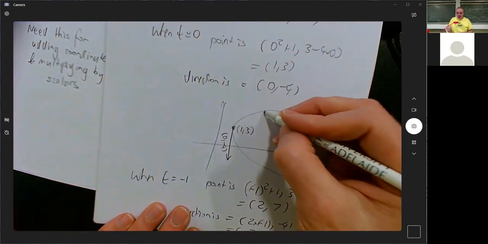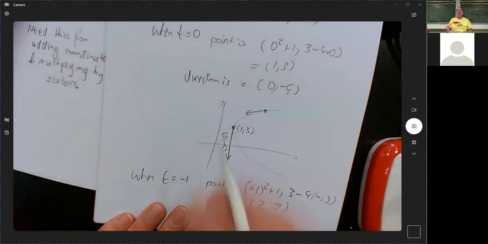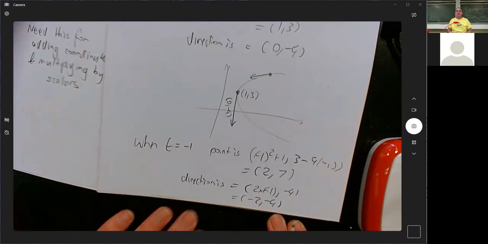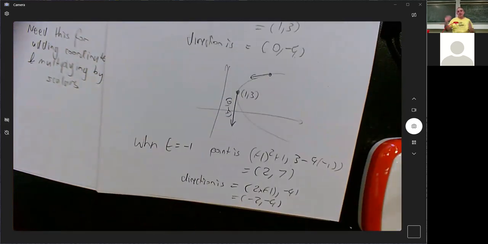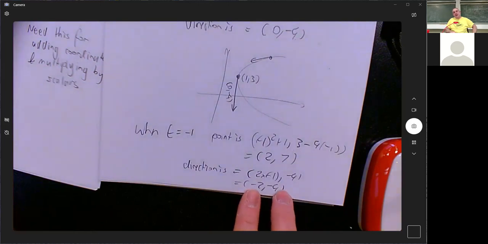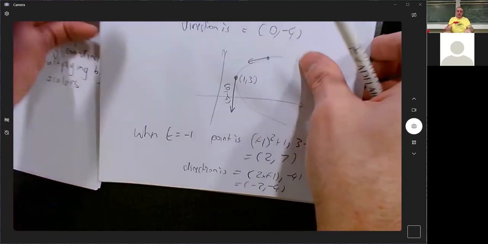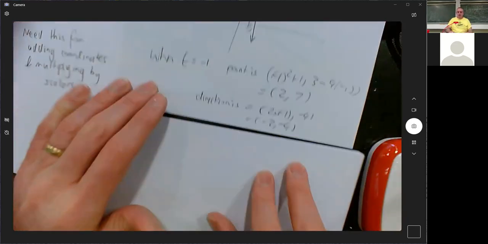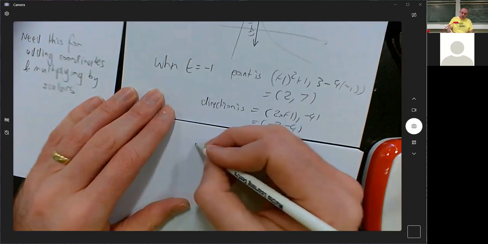So that's over here somewhere. It's going that way, like that. Anyway, something like that. And the slope of this line is y divided by x, which is 2.